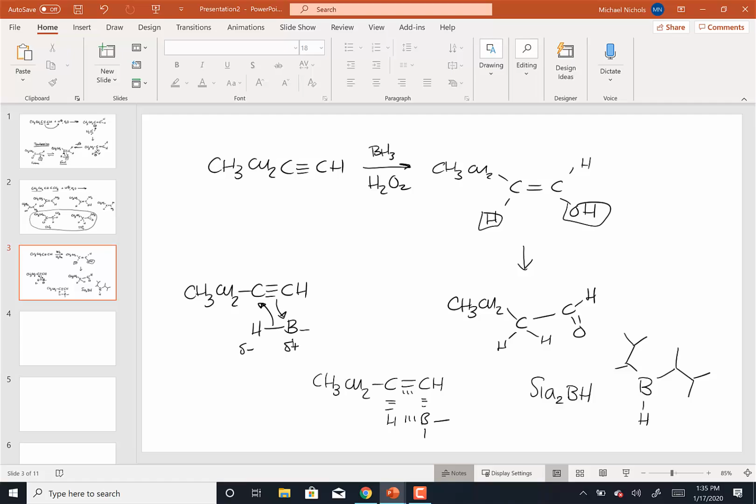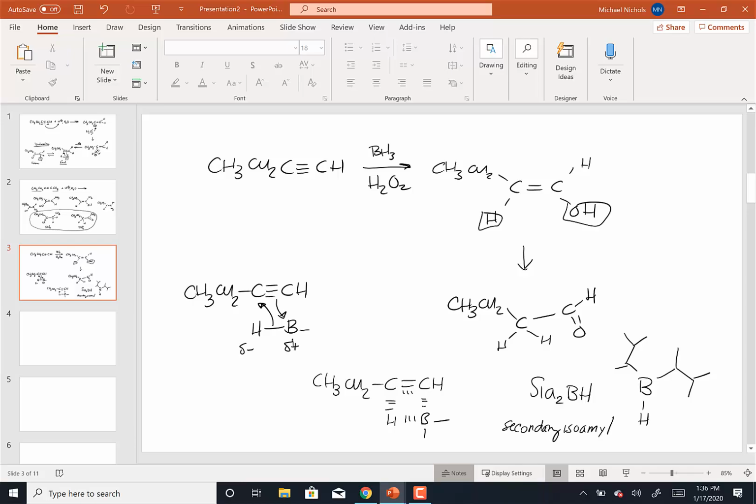The name is bad, even bad for common names where there are no rules. So SiA2 stands for secondary isoamyl, and that's what it is, secondary isoamyl. Amyl is a common name for pentyl. So oftentimes amyl is pentyl.